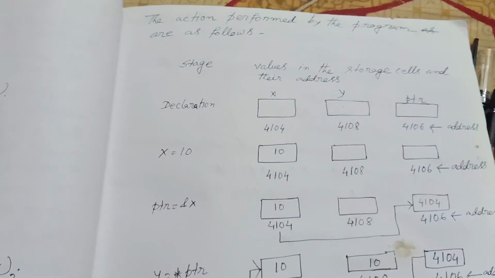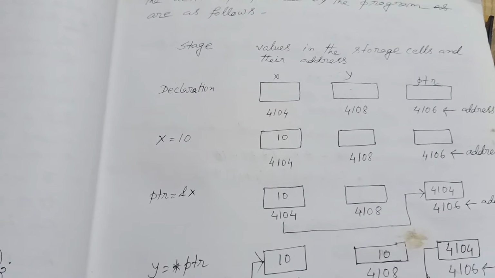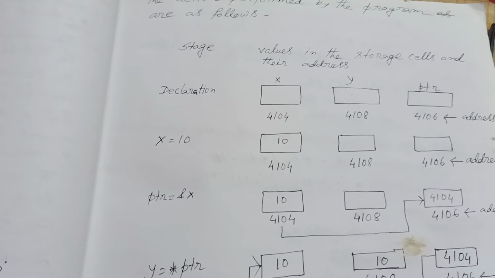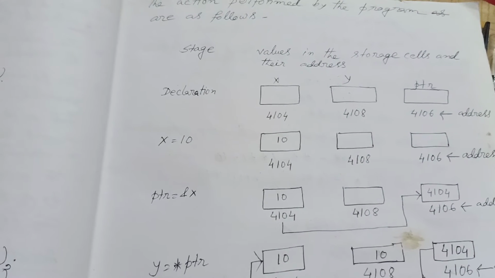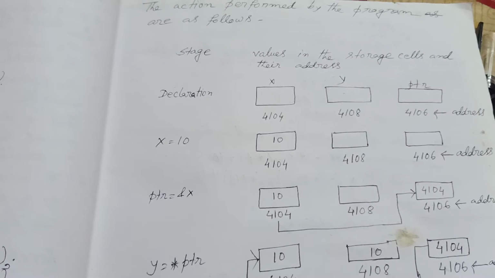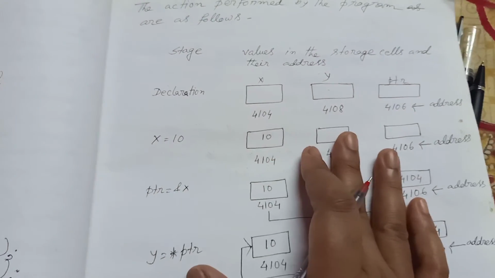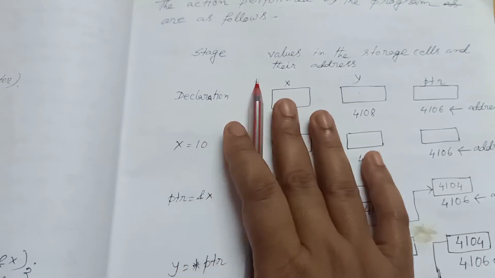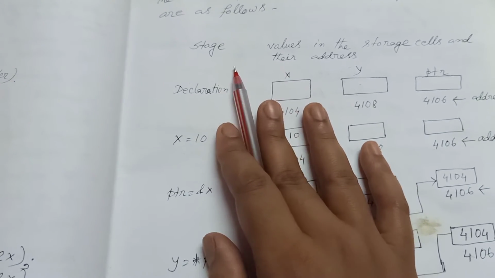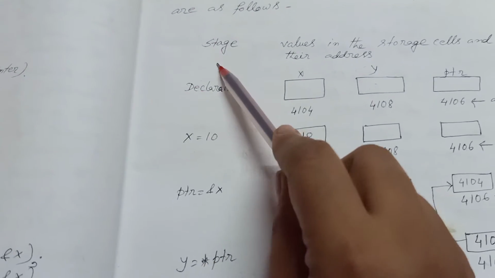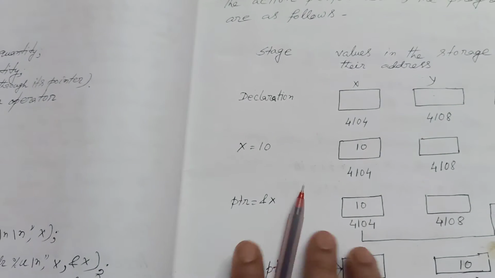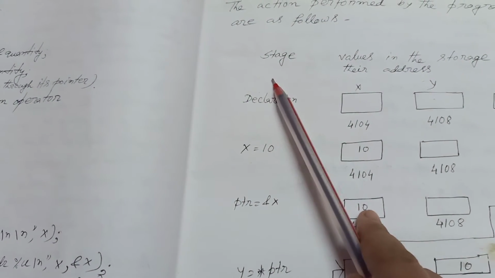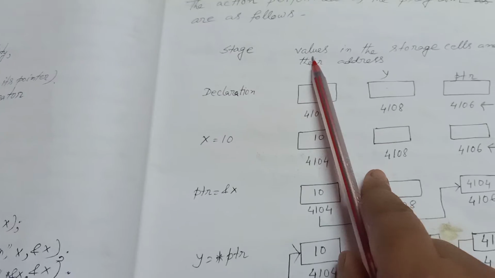How the above program performed, we can easily understand by using a pictorial diagram. Here we mention the stages, that means from the declaration we define the stages we follow.